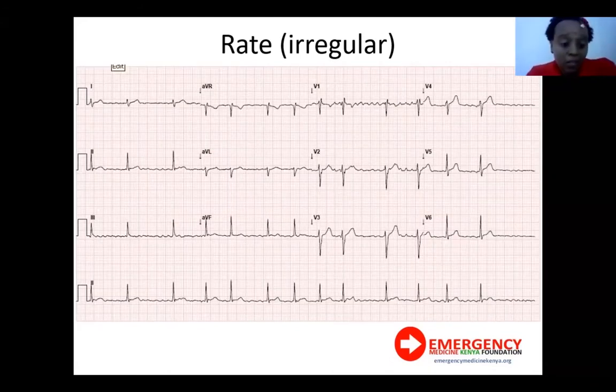When you look at this other one, from one R to the next, you count 1, 2, 3, about 3 and 3/4. Then from the second R to the third R, 1, 2, 3, 4, 5. You can definitely see that there's an irregularity of that rhythm. So you'll be able to know when a strip is regular or irregular.